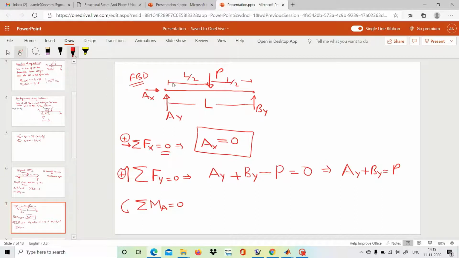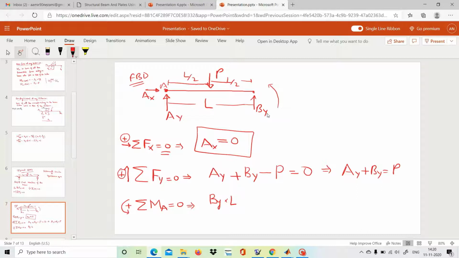We take the anti-clockwise direction as positive. So BY, this vertical transverse force, will give a moment about A. The moment would be BY multiplied by length L. Force into distance is the moment, and BY will rotate about this point in the anti-clockwise direction, so this would be positive.